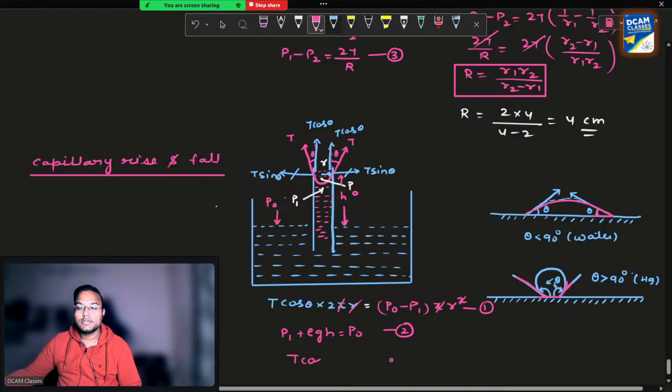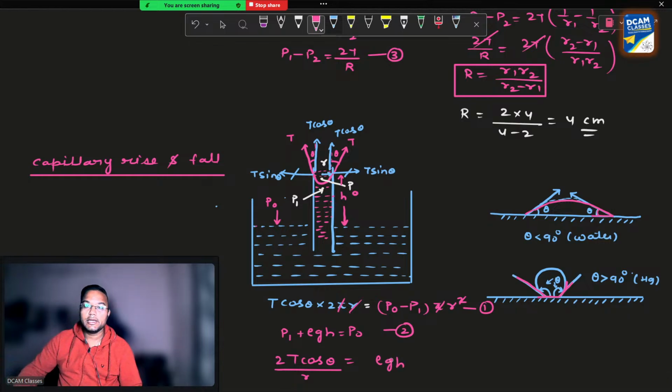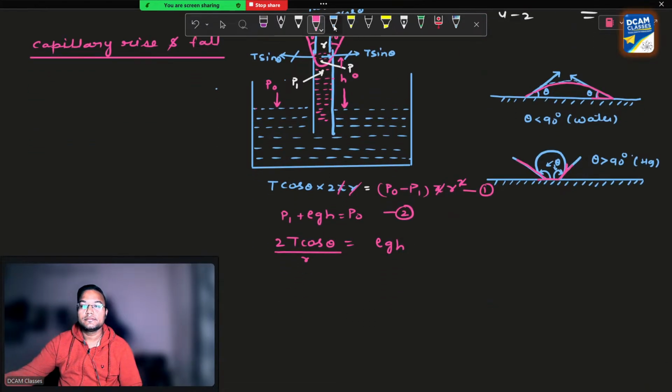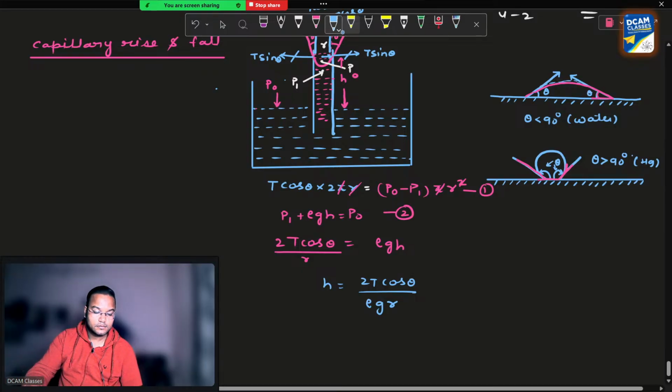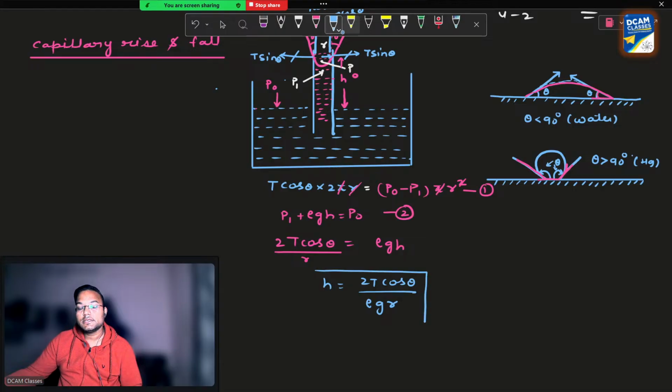So 2T cos theta by r is equal to P0 minus P1, which is rho gh. So I can get a relation. h is equal to 2T cos theta by rho g r. This is the relation which says how much height the liquid will rise in a capillary.